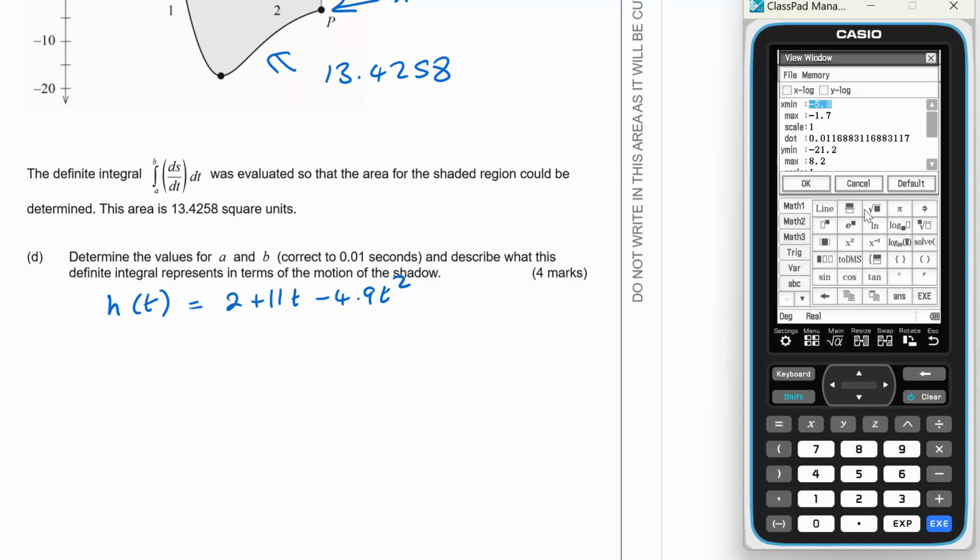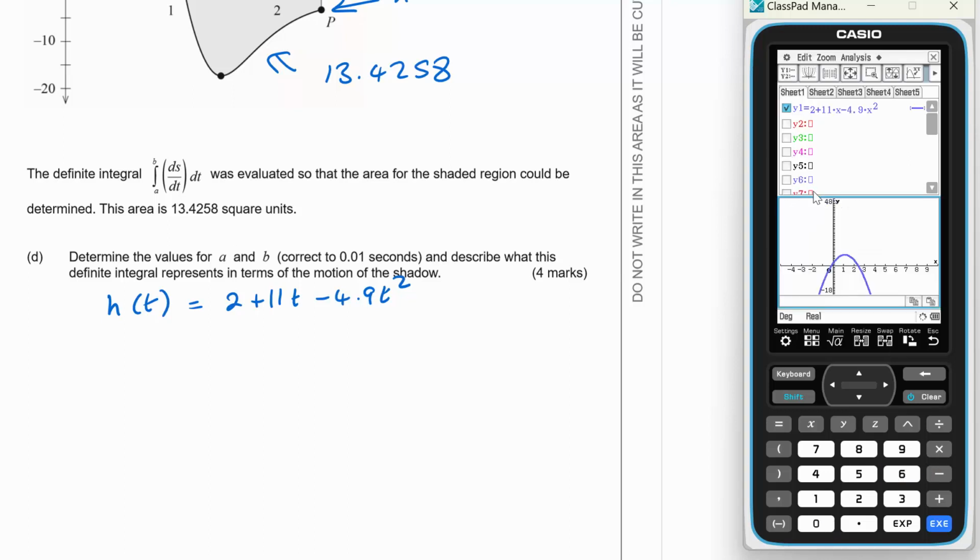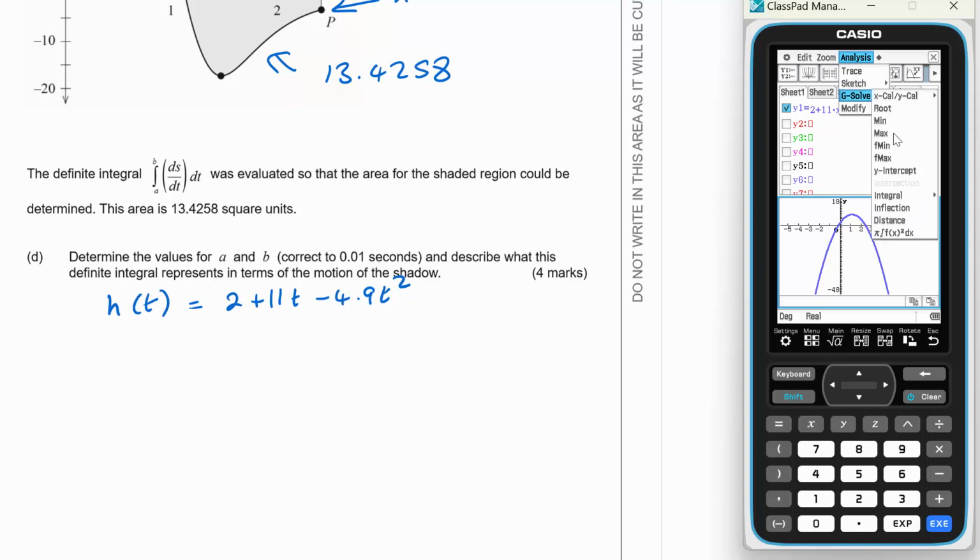And we just need to play with the axes a bit to get it to show. Let's go from maybe -5 up to 10. And with the y's, we'll leave that at -21 and we'll go up to say 50 or something. Should be in the window now. There it is. And we want the maximum. So analysis, gsolve, and max.